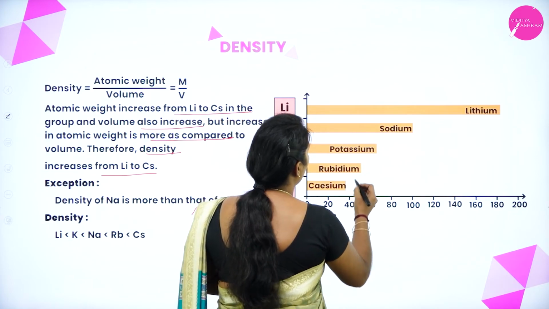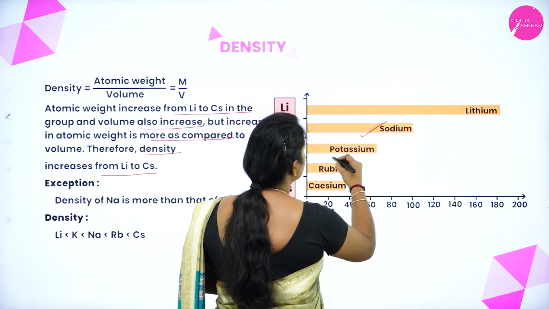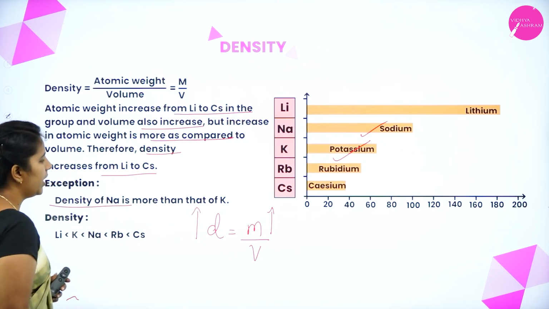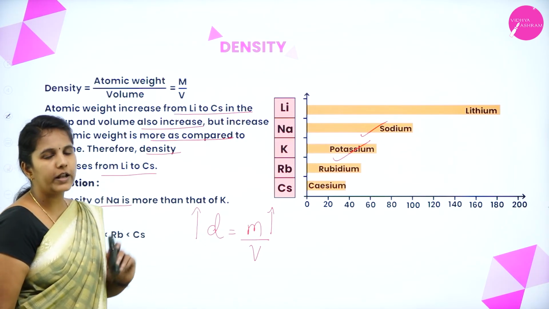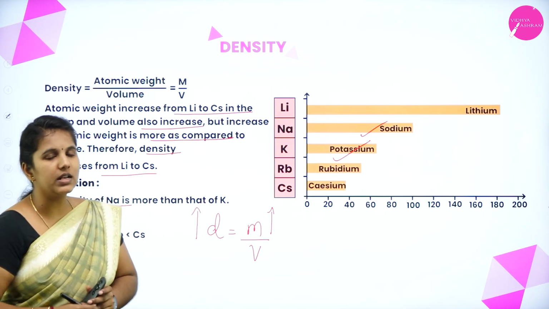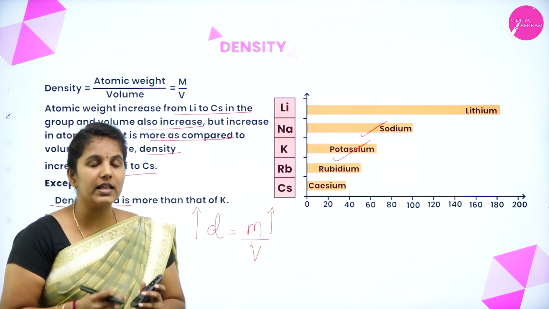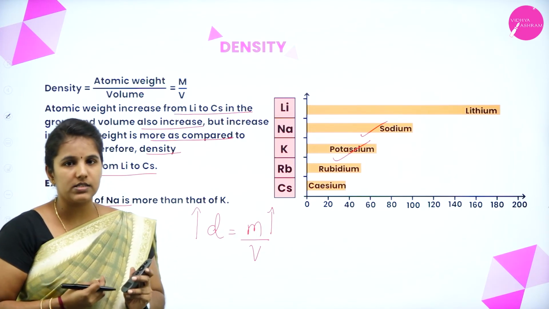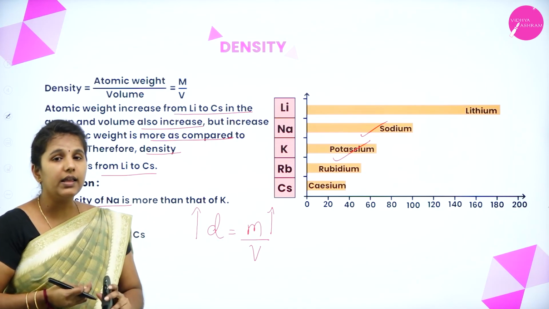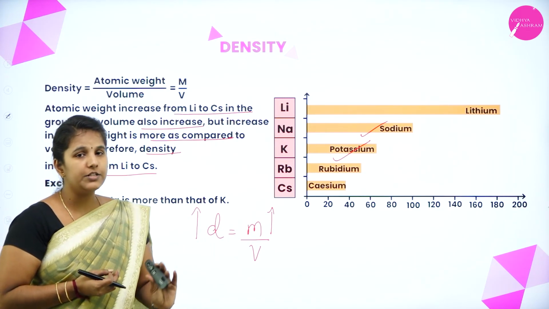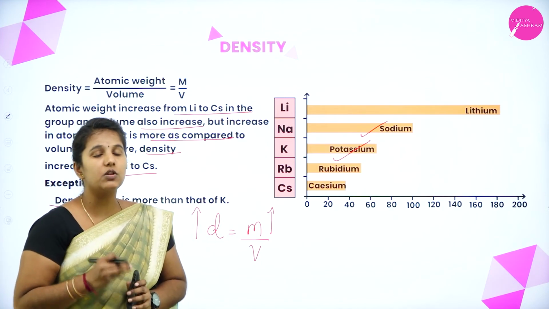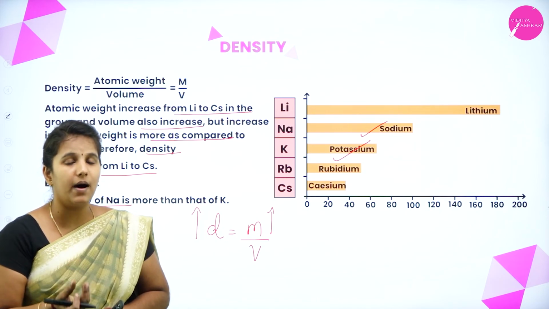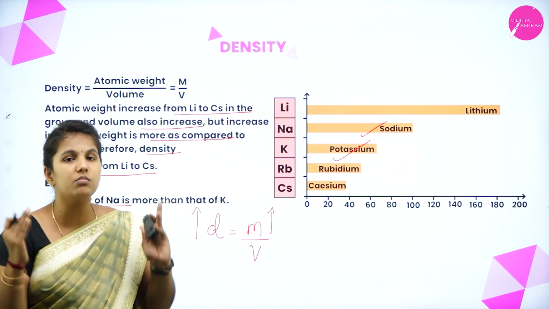Take the example of sodium and potassium: the density of sodium is more than that of potassium. The reason is, we know that density increases due to an increase in mass. Is it right? But in the case of sodium to potassium, the atomic size will be more, and the sudden increase in mass makes the volume become larger.